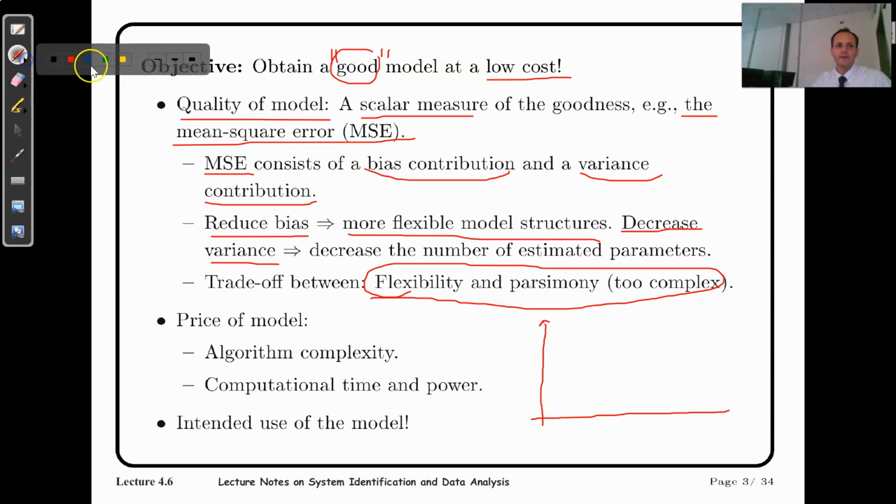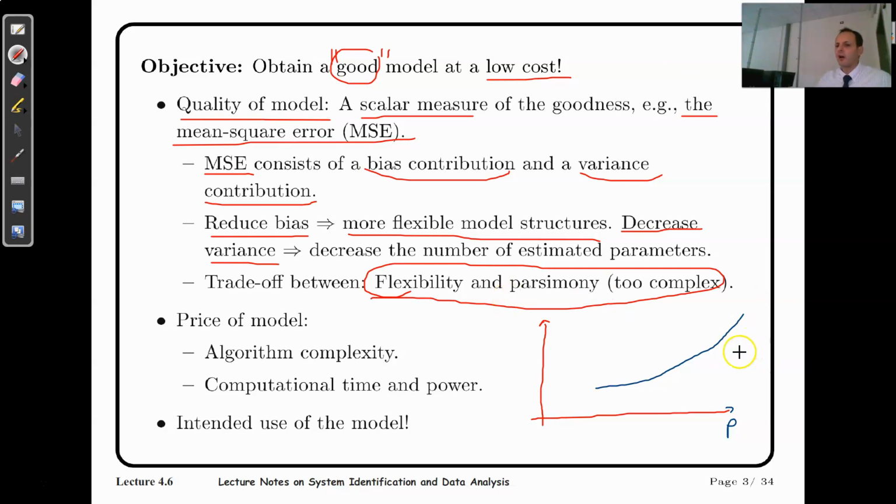Again, you always have this kind of graph. Let's say in the x-axis you have p, the number of parameters. While you increase the number of parameters, of course, you improve the accuracy, so you decrease the mean square error because you are better and better describing your data, but you are losing flexibility.